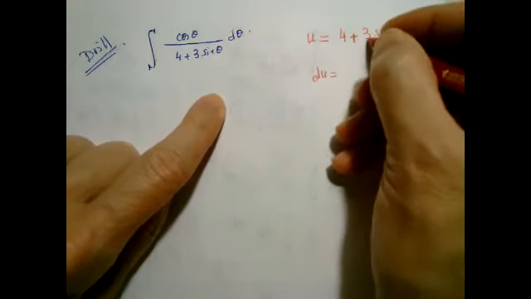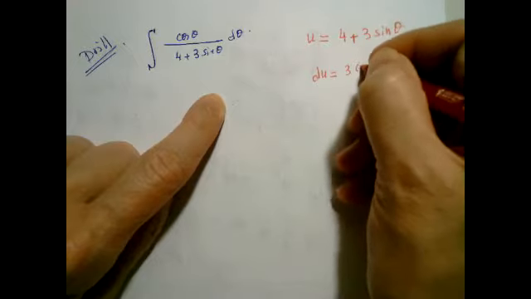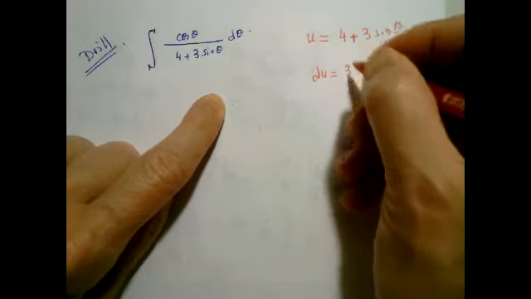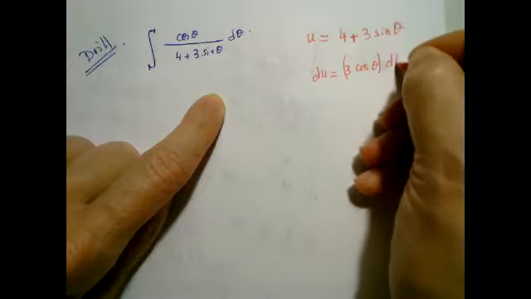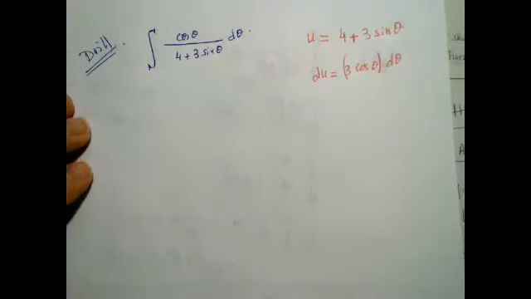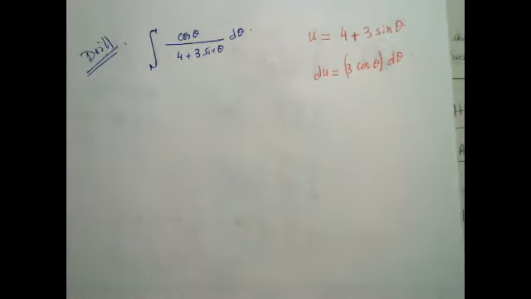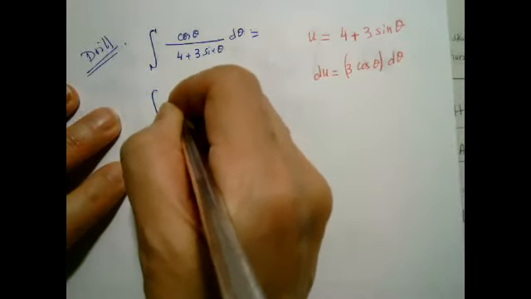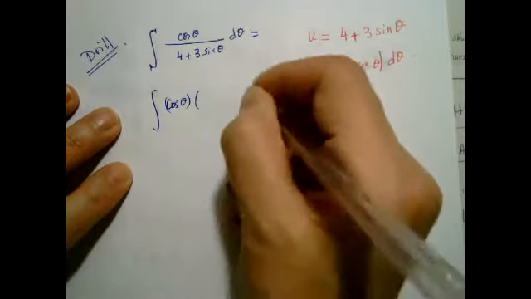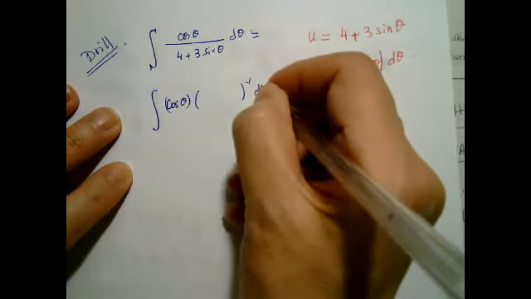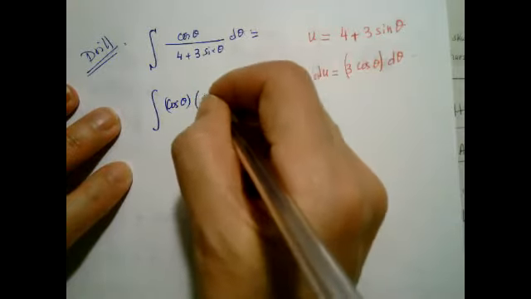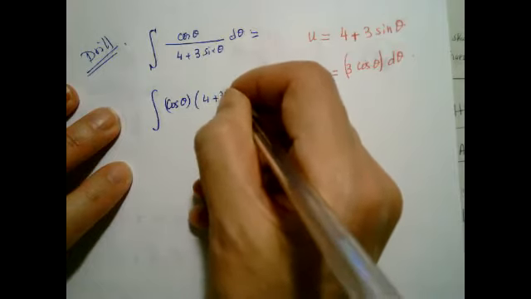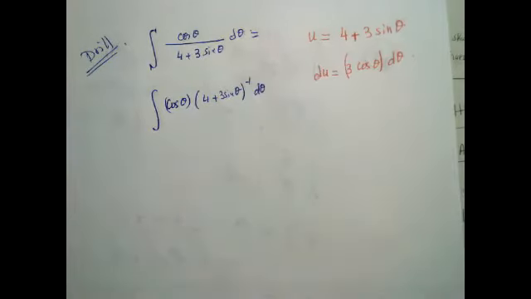You have to do it carefully. It's a 3 cosine theta, the derivative of 4 is zero, d theta. That's the derivative. And now verbatim, as we did before. So this is equal. As I said, you can rewrite it like this if you want, because rewriting it makes you see very clearly an inside and the derivative of it, part of the integral.